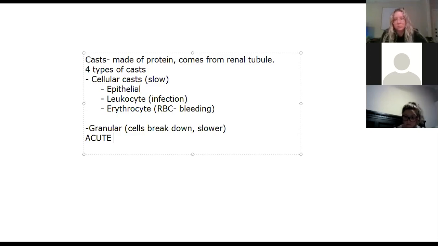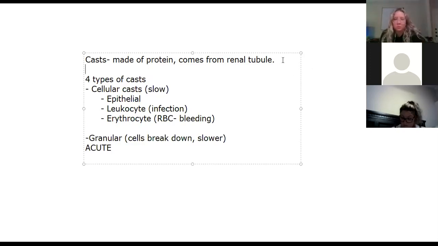So we get the protein buildups. And the reason why these are called casts is that they are going to take the shape of the renal tubules. A cast is a casting of something, right? So it's going to be like a mold. That's why they are called casts, because it's taking a mold or a shape of those renal tubules.